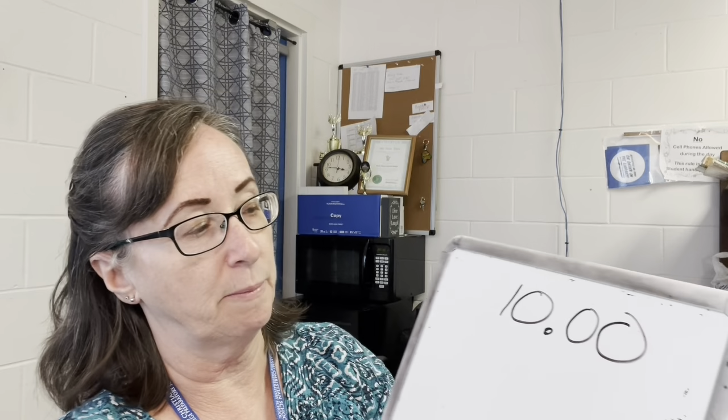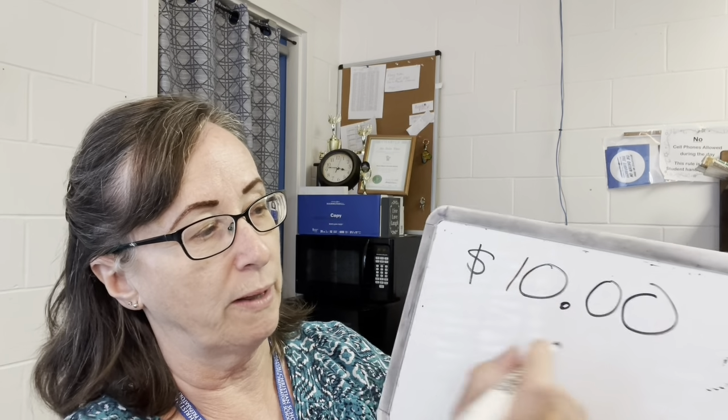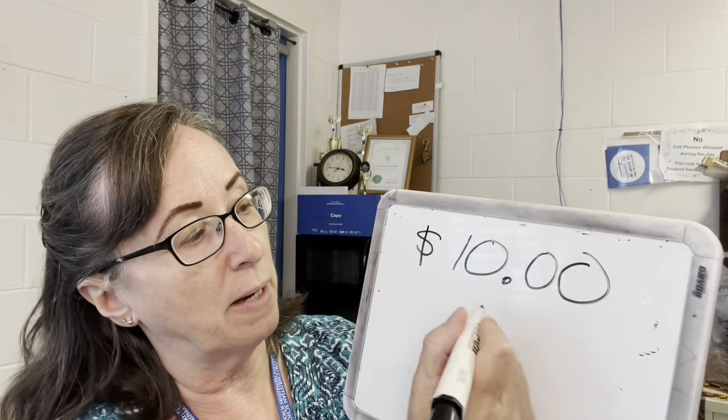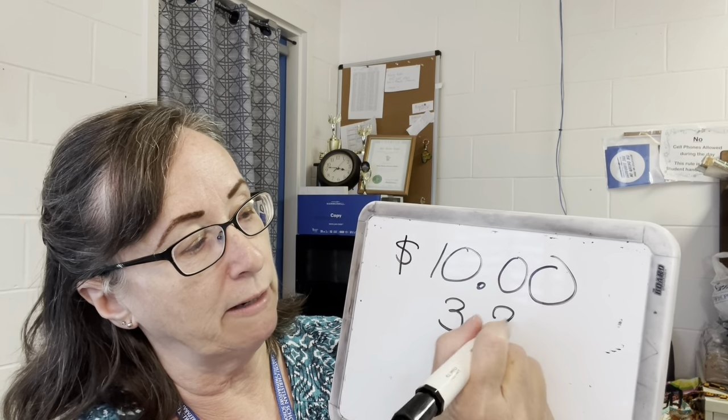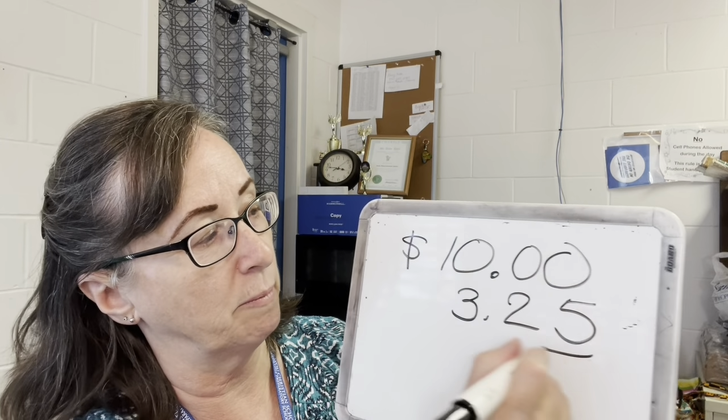Okay, so let's get a clean board so that we have a little space, and say 10, and I'm going to put 2 zeros to make it $10 with zeros for the cents, minus 3.25 also in money.